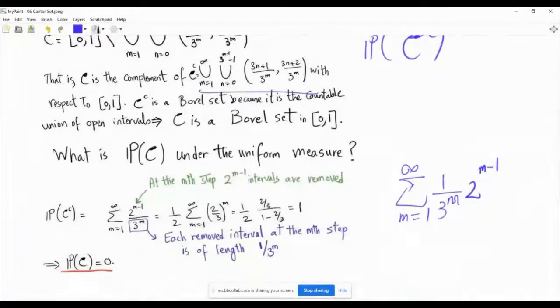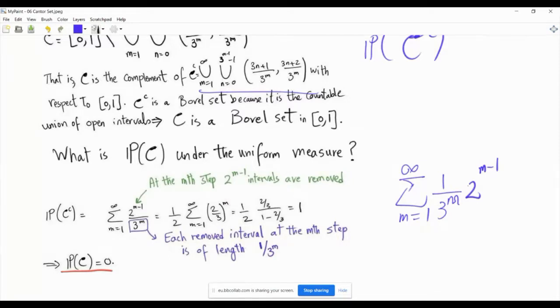Okay, so this is the sum of probabilities, and those intervals are disjoint, so the probability of the union is the sum of probabilities. According to our rules, this should be the probability that is assigned to the complement of the Cantor set.